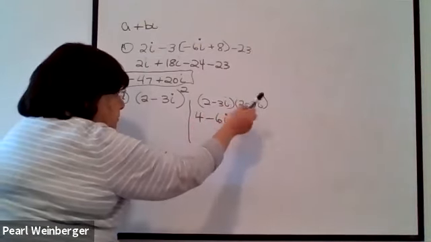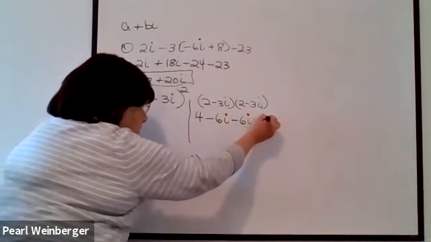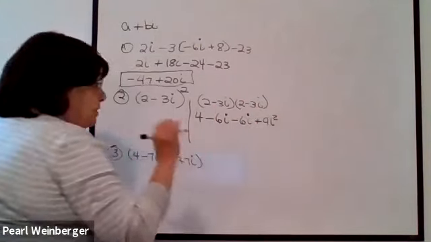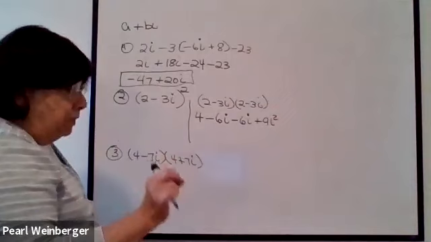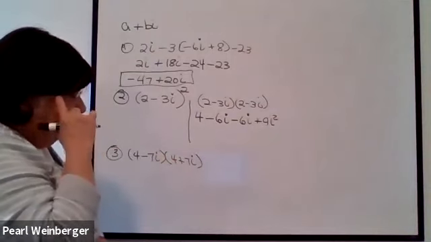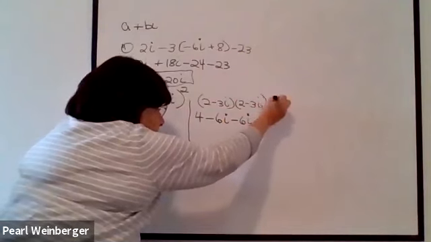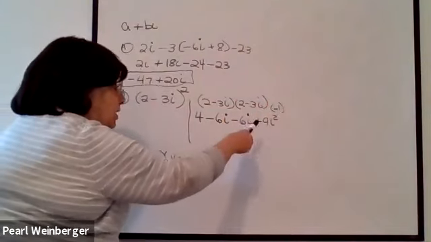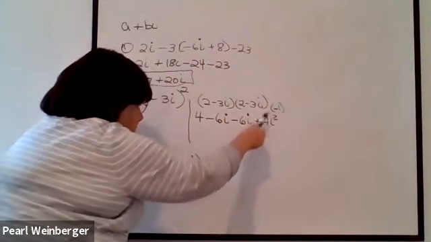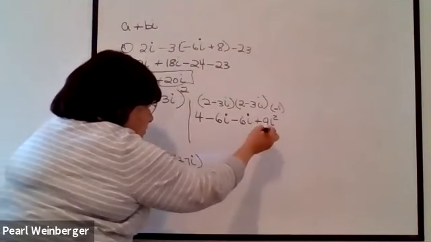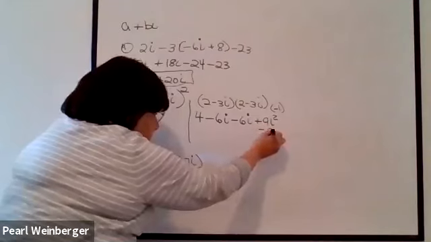So the negative 3 times the negative 3 is positive 9, and the i times i is i squared. That's the one thing you have to remember. When you're multiplying i by itself, i times i is i squared. And as soon as I see this i squared, I replace it with a negative 1. And this is multiplication because this is 9 times i squared. So 9 times negative 1 is negative 9.